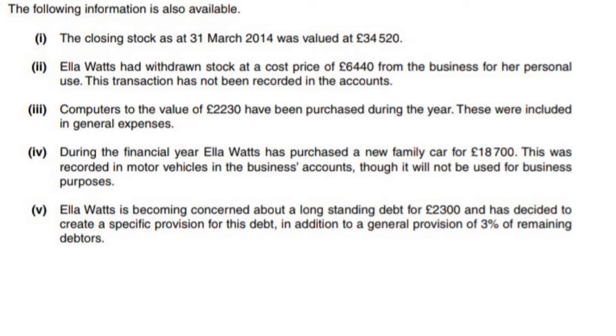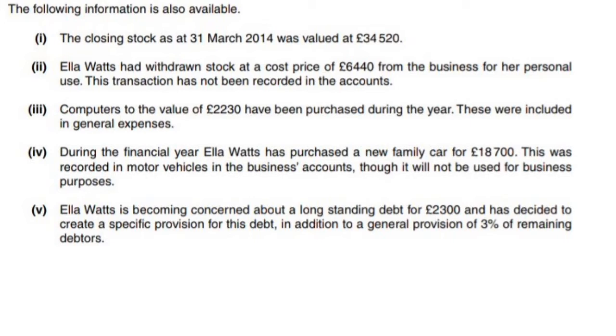So the first adjustment is going to start on additional information number 3. Computers to the value of 2,230 have been purchased during the year. These were included in general expenses. So this is an error of principle, where a capital expenditure of computers being purchased was treated as a revenue expenditure.